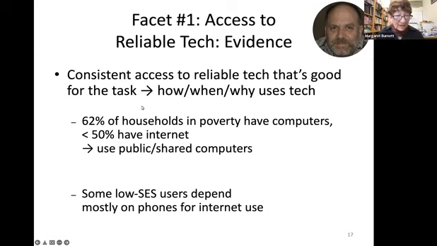And some of the literature says that only about 62% of households that are in poverty actually have computers in their household. Less than 50% of those households have internet at all. And many find themselves using public and shared computers. Okay, these things are going to affect how they use technology.